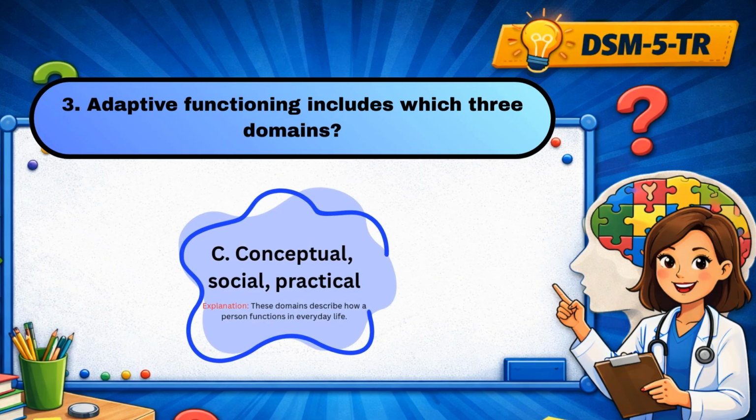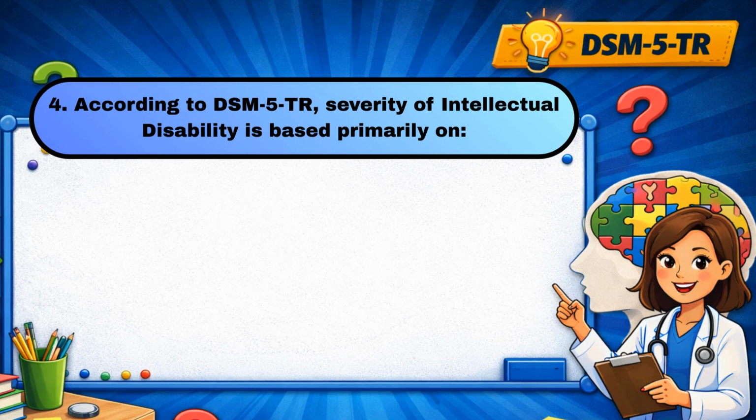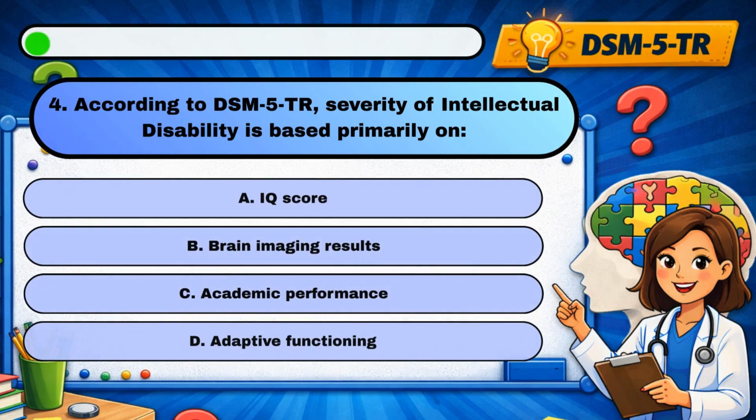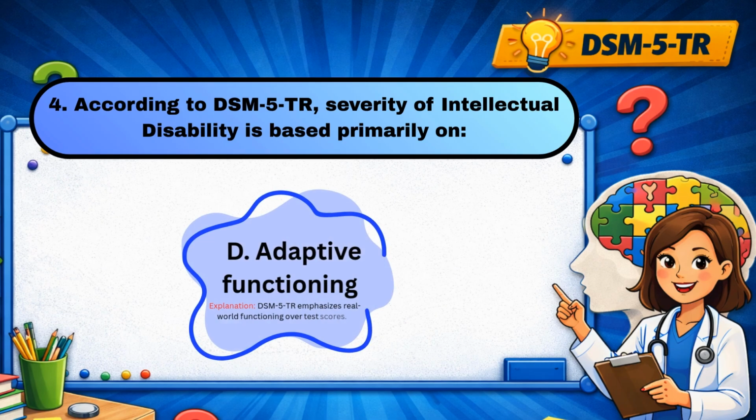C. Conceptual, social, practical. According to DSM-5-TR, severity of intellectual disability is based primarily on D. Adaptive functioning.